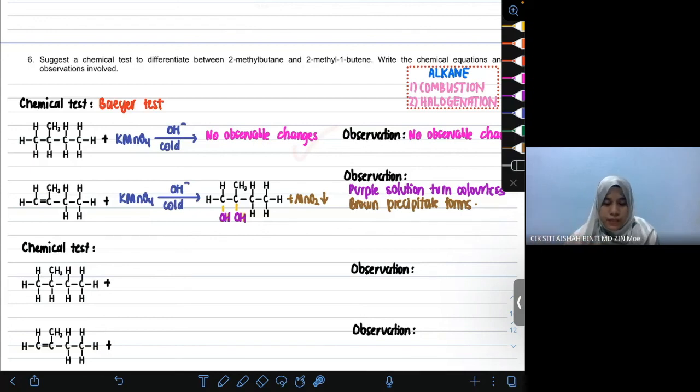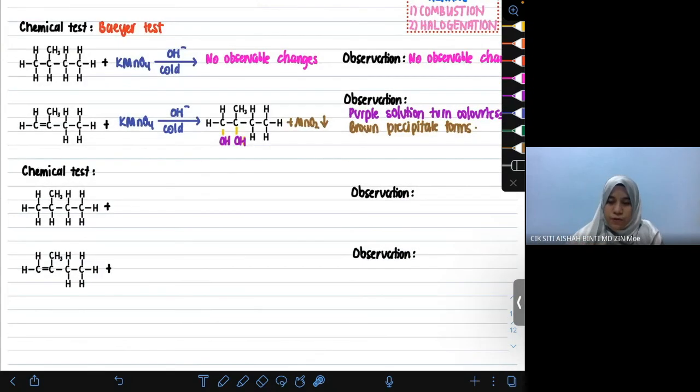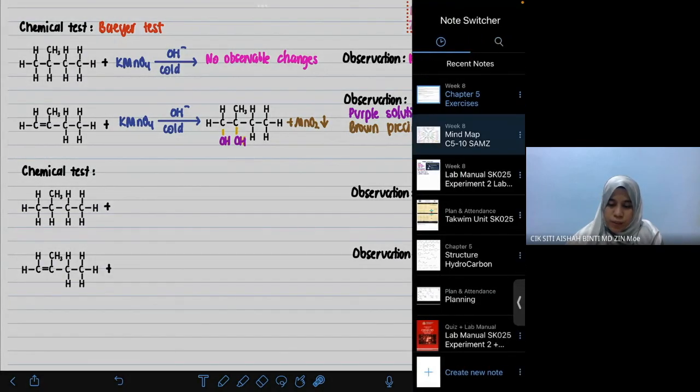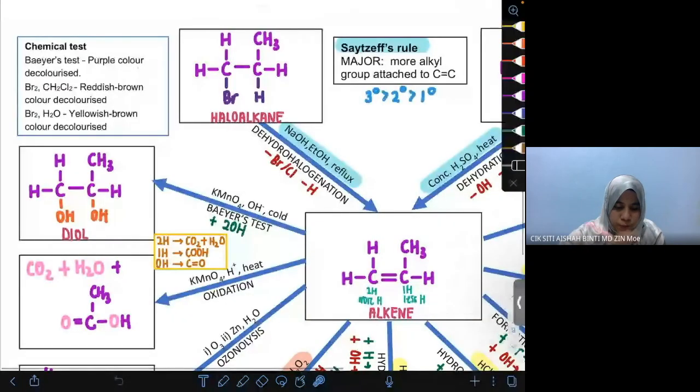Okay. So for the chemical test, even though it does not ask you to write down all the possible chemical tests, here Miss wants to show two. Because for the chemical test, what we have learned is actually two. We have our bromine. We have three, but Bayer test, bromine in inert solvent, and bromine in water. For Bayer test, we're going to add 2 OH. For bromine in reddish brown color decolorized, we're going to add 2 of our bromine.